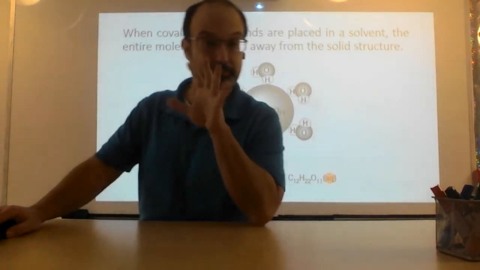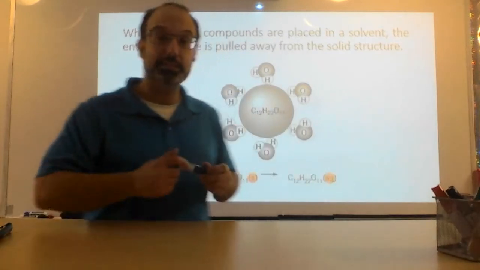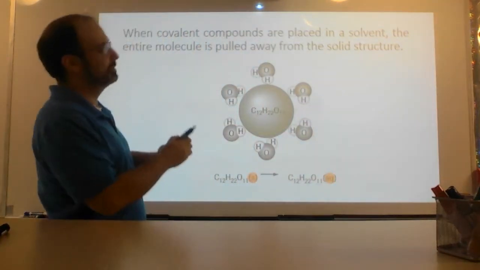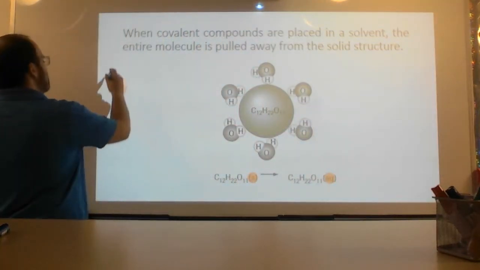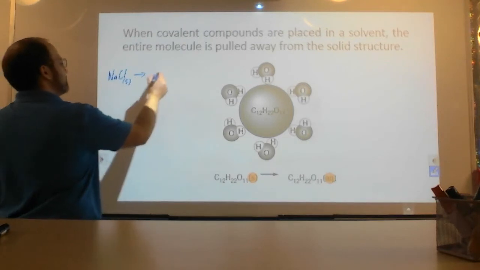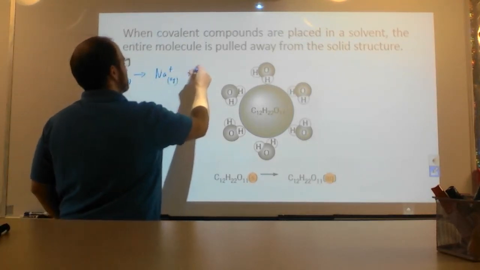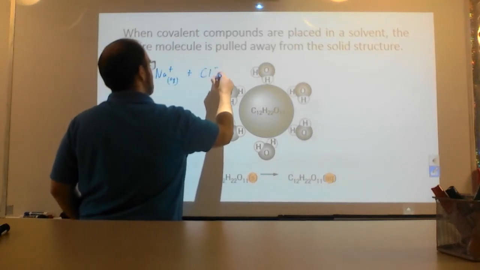When they dissociate from ionic compounds, right, they're going to break into pieces. So real quick, I probably should have mentioned this earlier, but I will do it now. When I dissociate, let's say, sodium chloride, it's solid to start with. I'm going to put it in water. I'm going to get Na+ (aq) plus Cl- (aq).